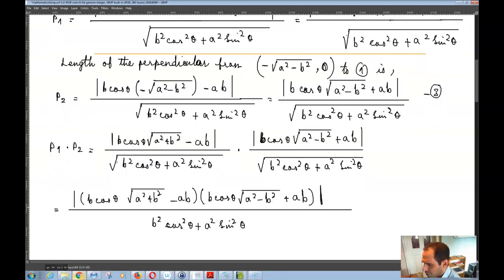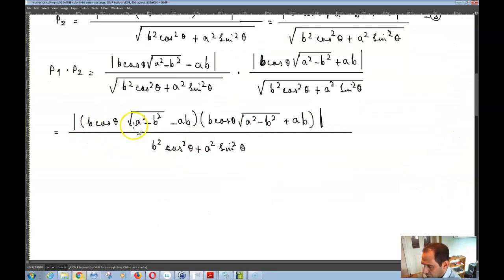This is supposed to be minus b squared, of course. My mistake, I apologize. So you see that over here you have b cos theta square root of a squared minus b squared minus ab, and b cos theta square root of a squared minus b squared plus ab.